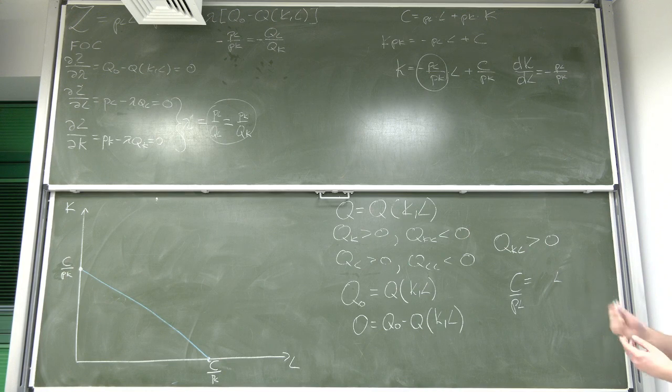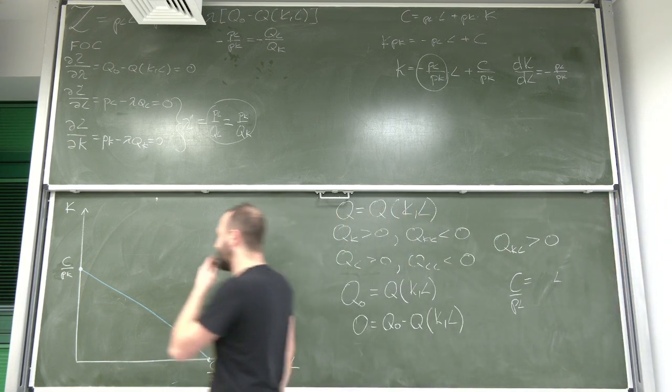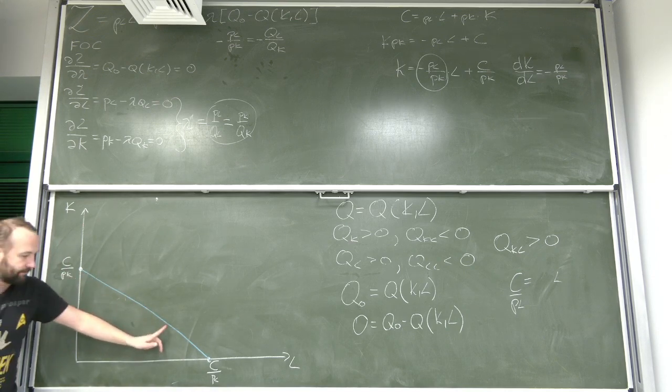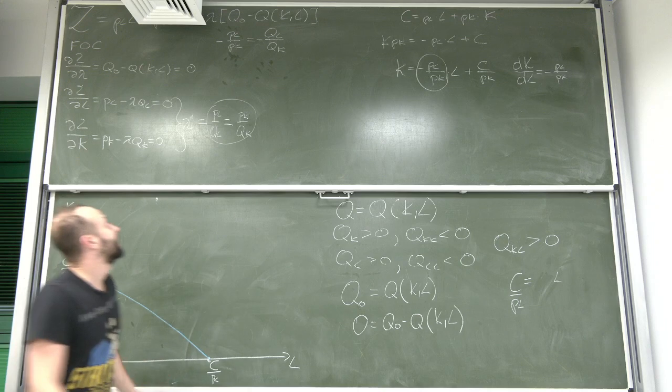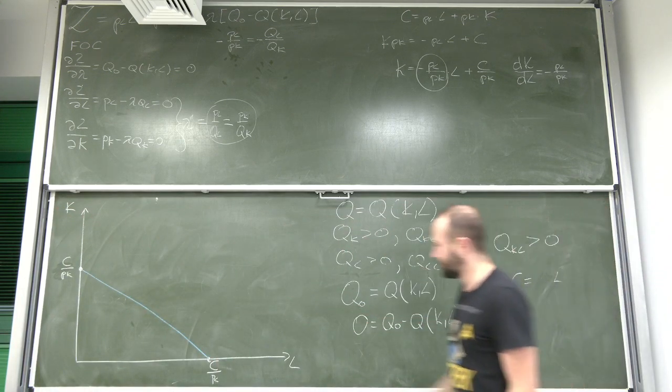And now let's think what kind of cost this line represents. Look, the thing is that if we would choose any combination of capital and labor that lies on this line, we would have exactly the same cost for each of these combinations. This is why this is called an isocost.